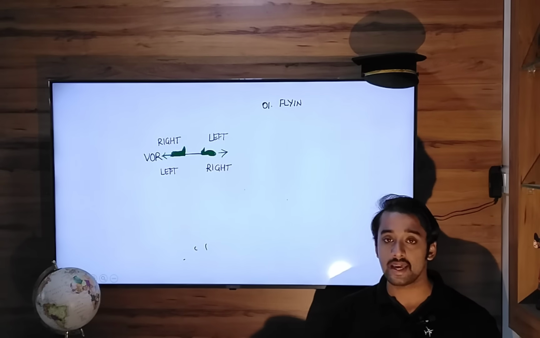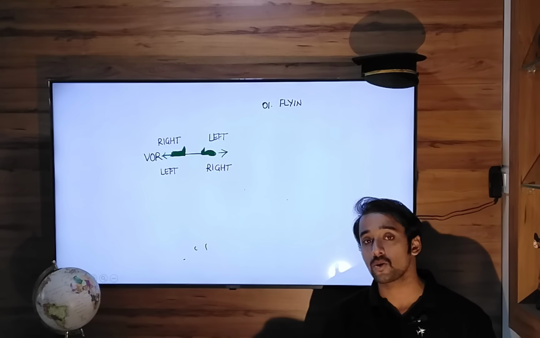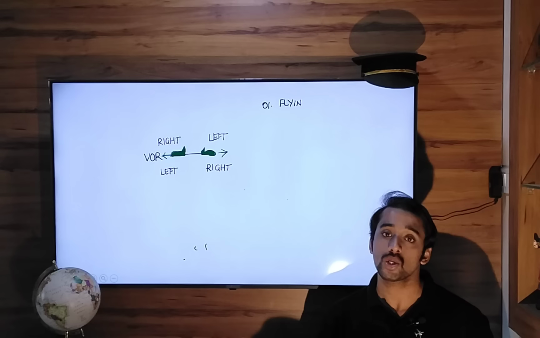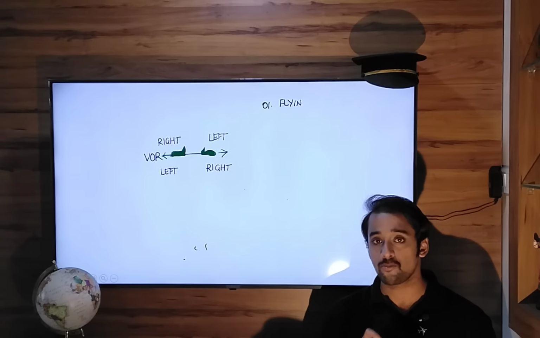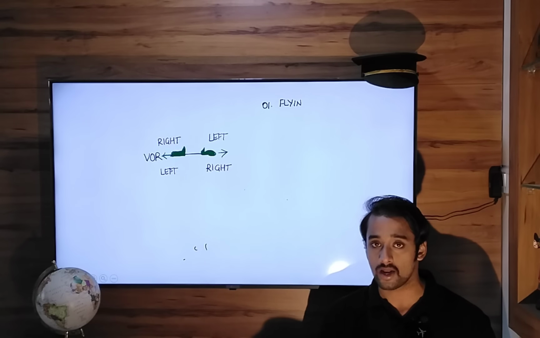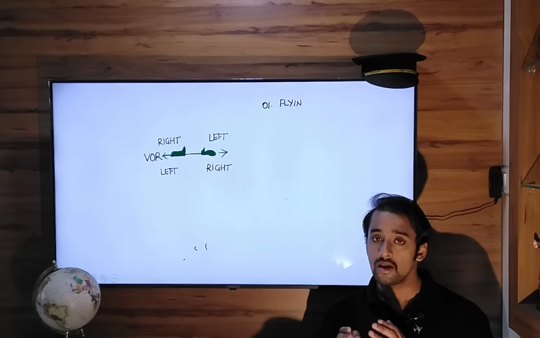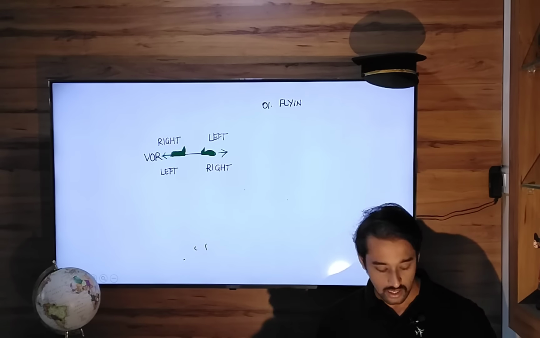So all the CDI indications, left and right, will be with respect to flying away from the VOR, when in reality you are actually flying towards the VOR. So you should be getting indications proportionate to flying towards the VOR instead of indications meant for a situation in which you are flying away from the VOR.